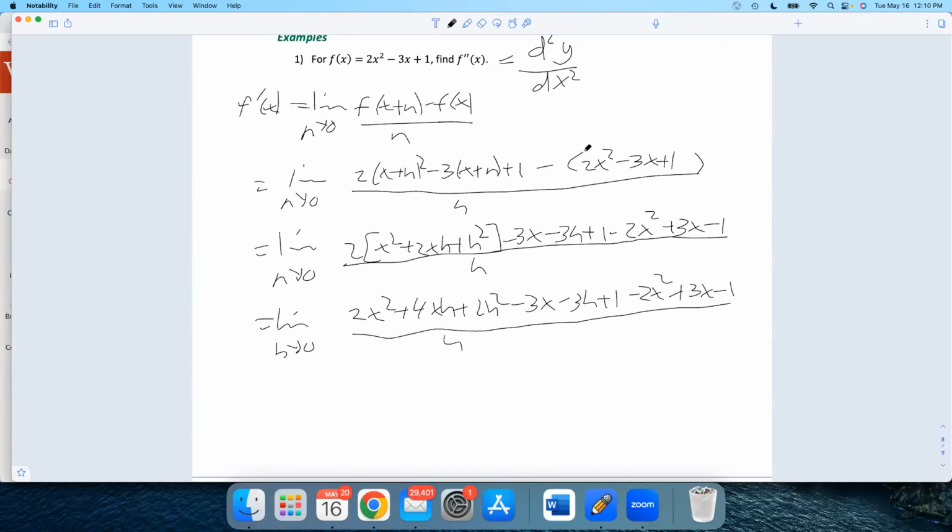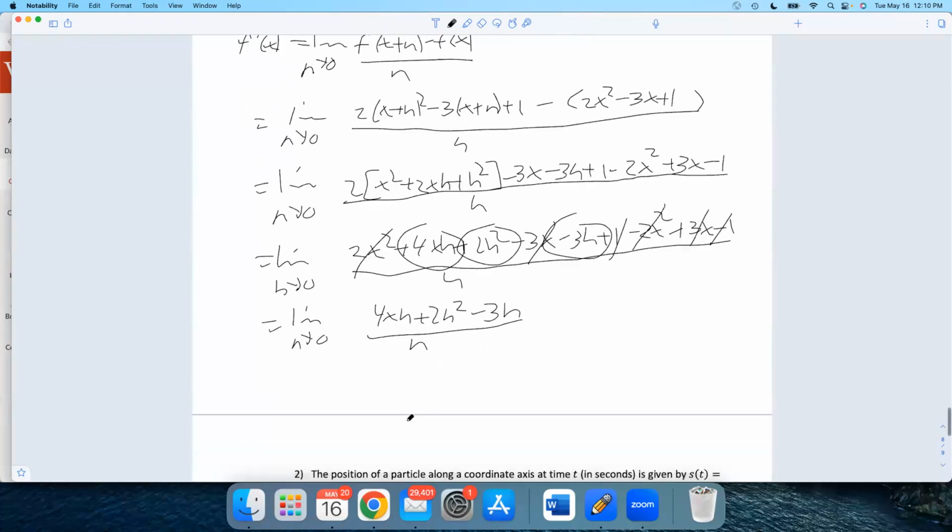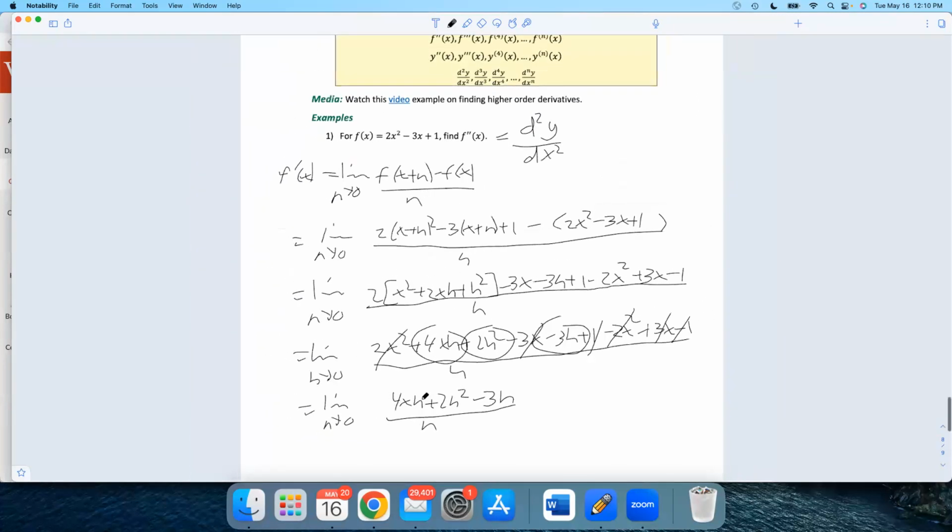Okay, if you've done this right, everything after that minus should cancel out. 2x squared, negative 2x squared. Minus 3x plus 1 minus 1. If you have a polynomial, everything after that minus will cancel out. Everything that's left should have an h in it. So I have 4xh plus 2h squared minus 3h, all over h.